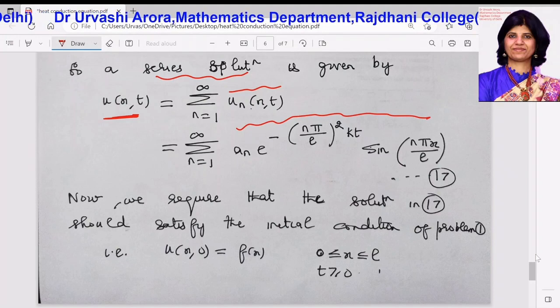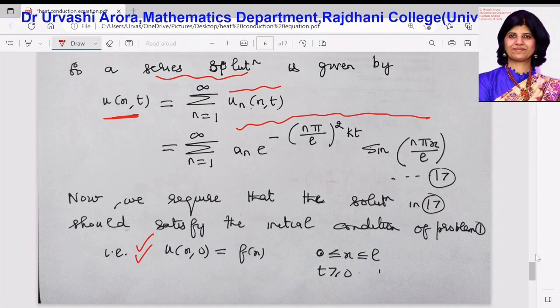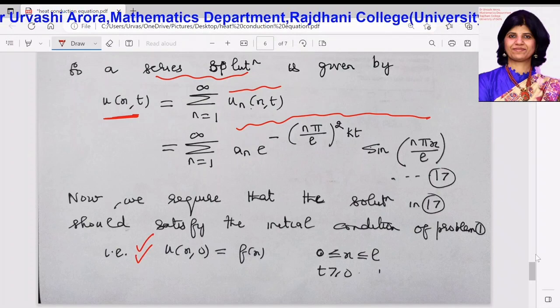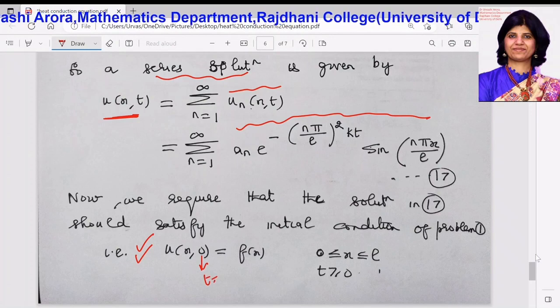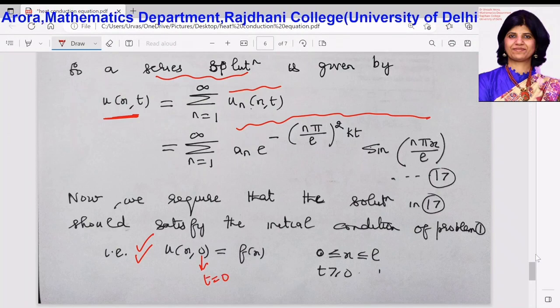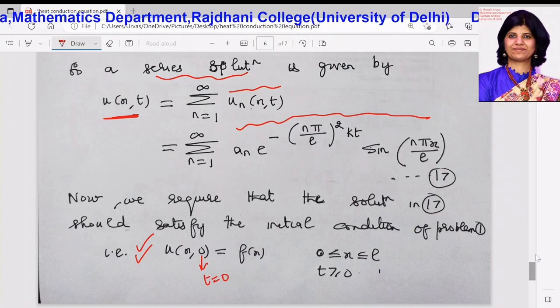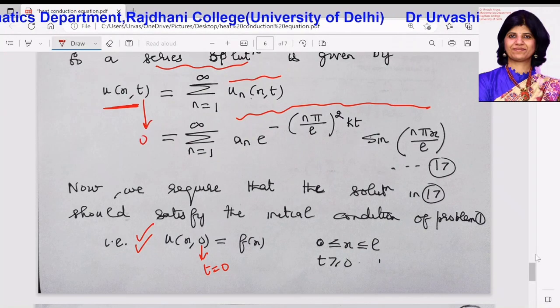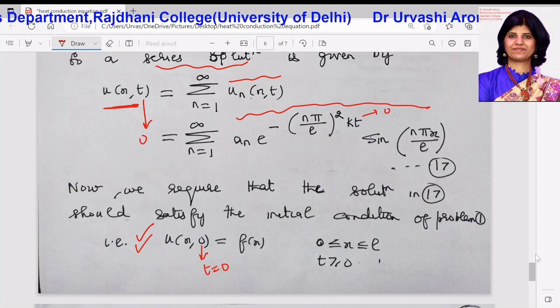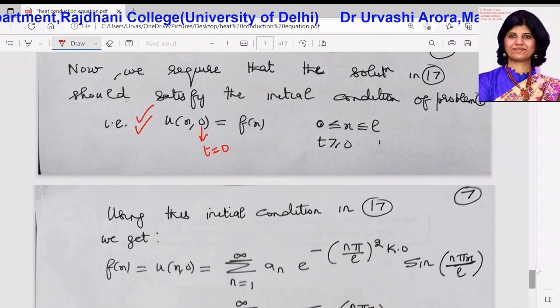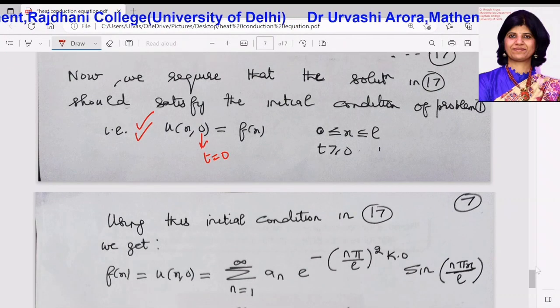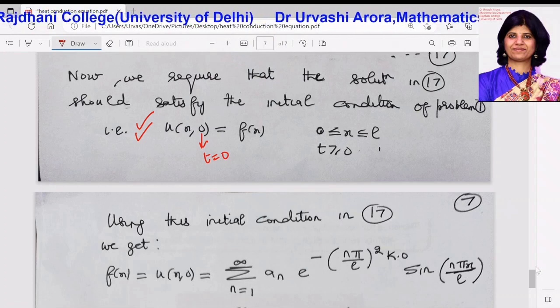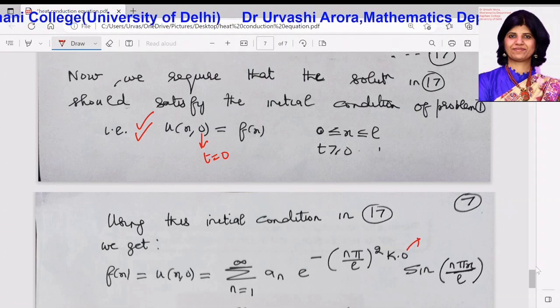Now there was one initial condition also in the problem in the beginning, u(x,0) is equal to f(x). Here t was taken to be equal to 0, which we have not used so far. So using this particular initial condition, wherever t comes, you have to put t as 0. So in 17, f(x) is equal to u(x,0), putting t as 0.